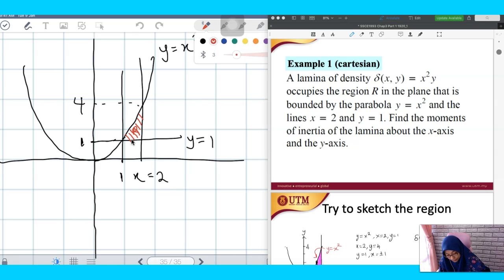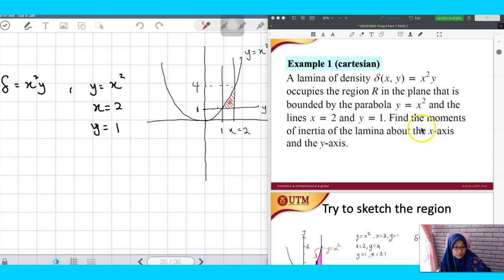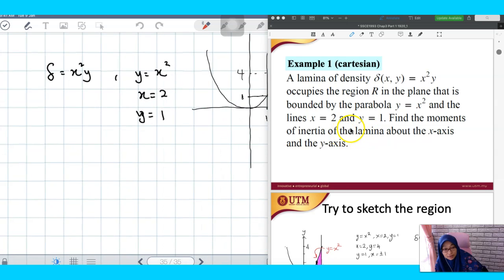Now we have to look at what the question is asking for. Find the second moment, or moment of inertia, of this lamina about the x and y axes. So you have to find Ix and Iy. What is the formula?